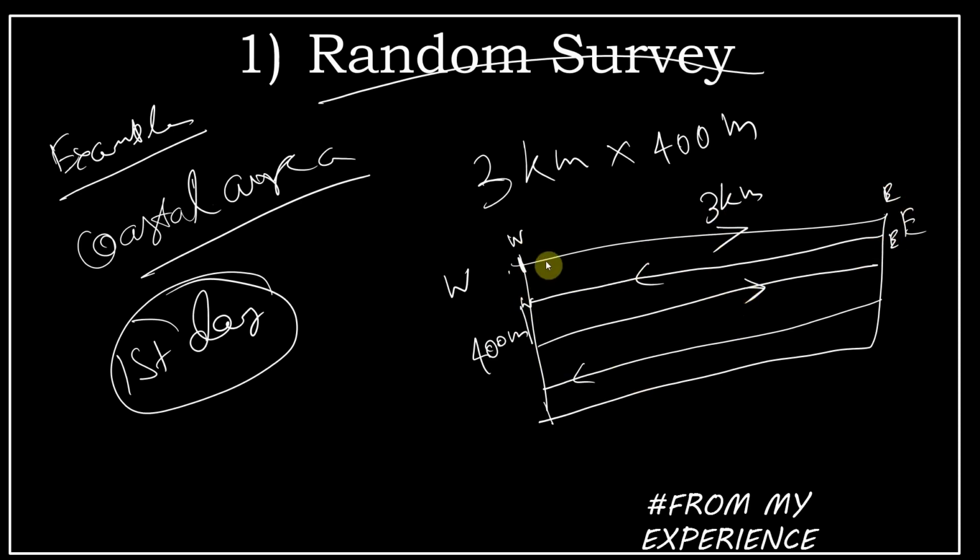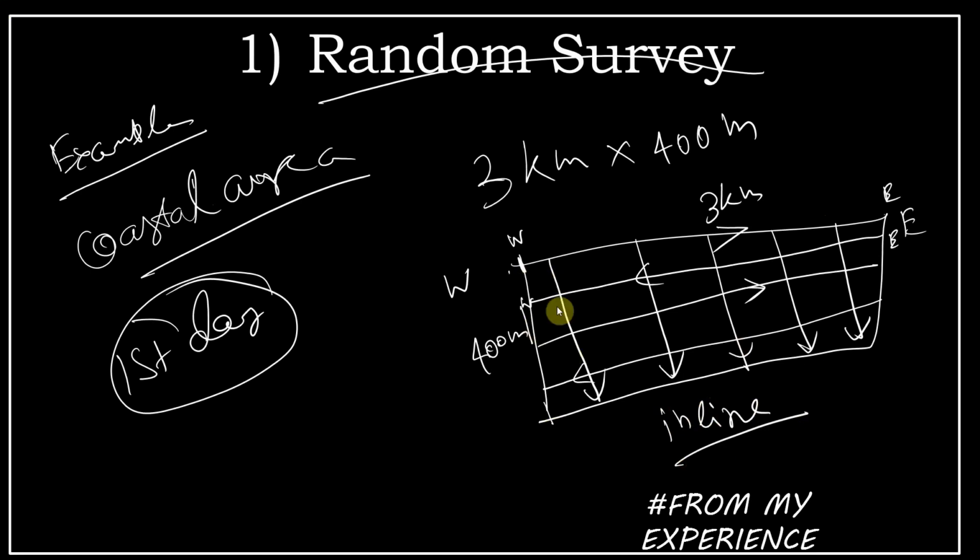And a few cross section profiles also you should take. Let's say you are taking 5 or 6 cross section profiles. The long ones I'm mentioning as inline profiles, and these shorter ones I'm mentioning as cross line profiles.